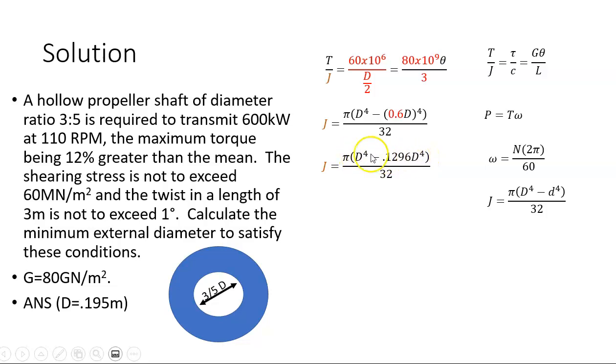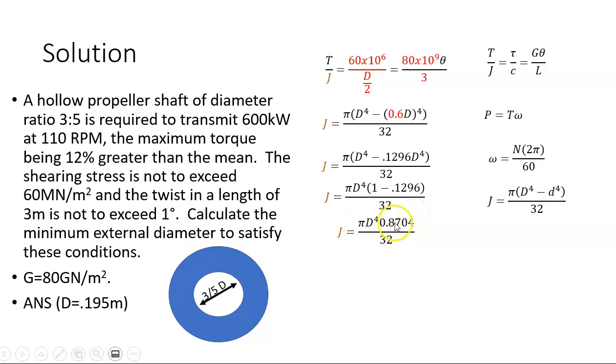I can now take d to the 4 outside the brackets, and I get 1 minus 0.1296, which is 0.8704.